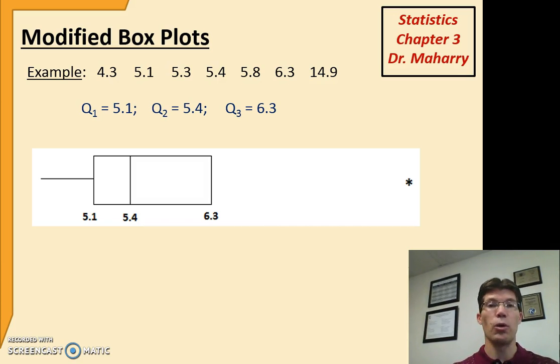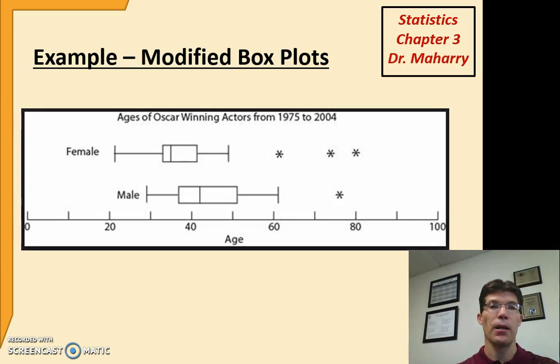A modified box plot means we pull out outliers, and it helps us identify outliers in a data set. Here's an example I found on the internet: Oscar-winning actors, their ages for females and males, and you can see there were some outliers, values more than 1.5 interquartile ranges away from the box. And so that is box plots and modified box plots.